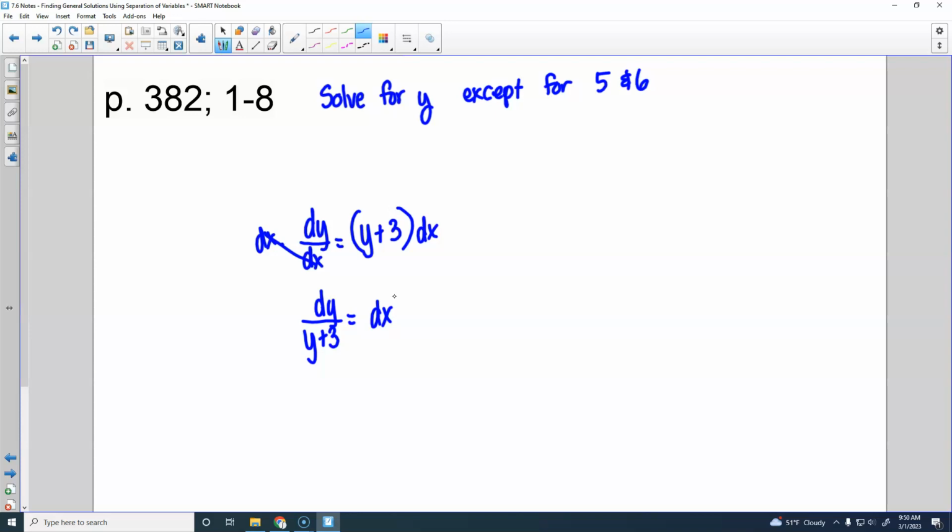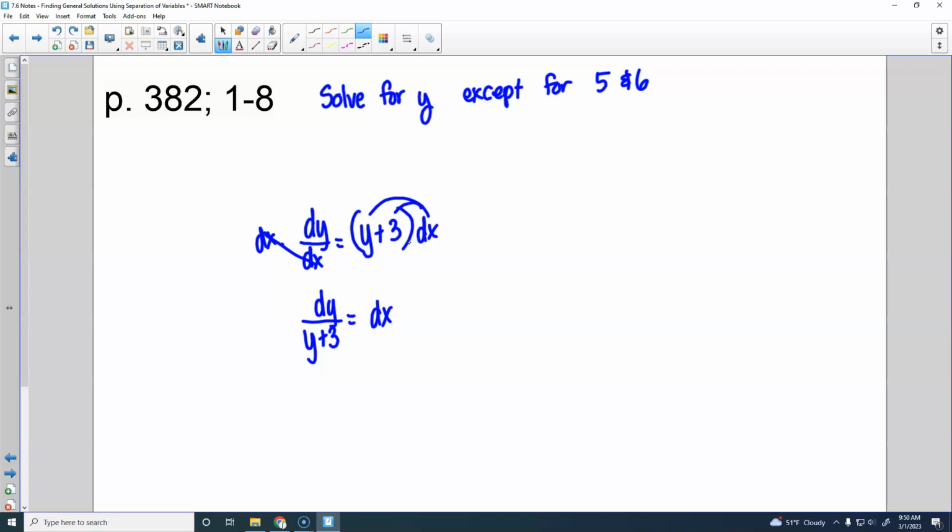Constants are okay. So that plus 3 can go on either side because it does not have a variable. If there was a way to separate it where you could leave it over there with the dx, you could, but there's not, because you'd have to distribute the dx, and then it would have a dx with the y, which would not be good. So you have to take the y over to this side with that.